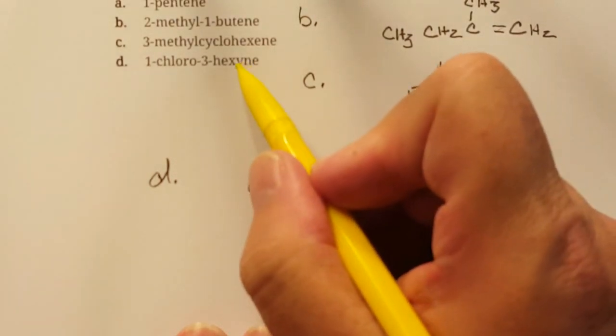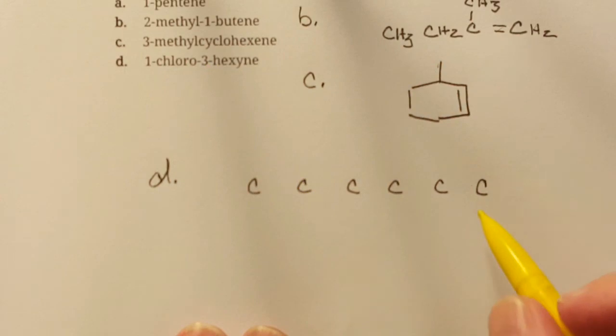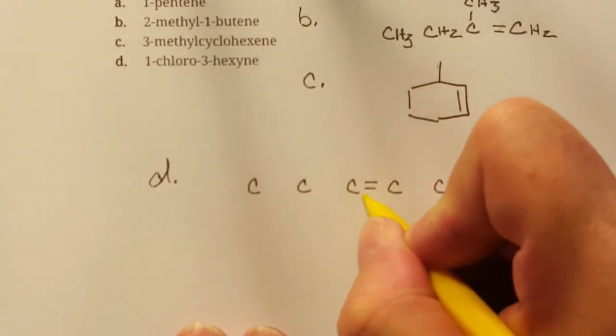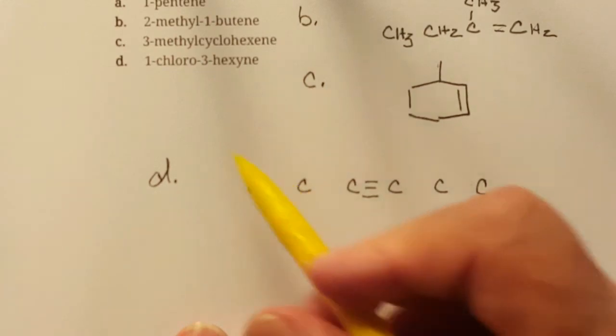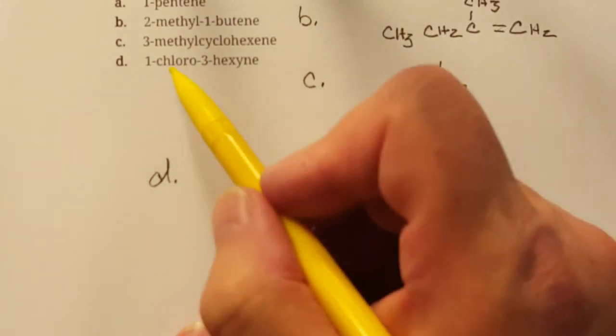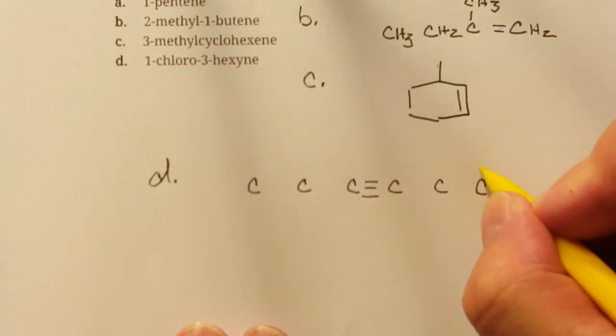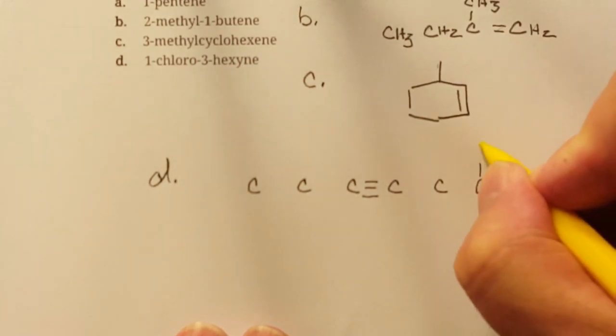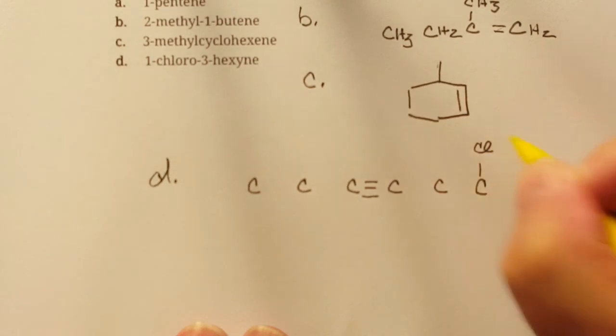Now it gets a triple bond starting with carbon number 3. 1, 2, 3, triple bond. And there's a chloro group at carbon number 1. So this is carbon number 1. So we'll put the chloro group there.